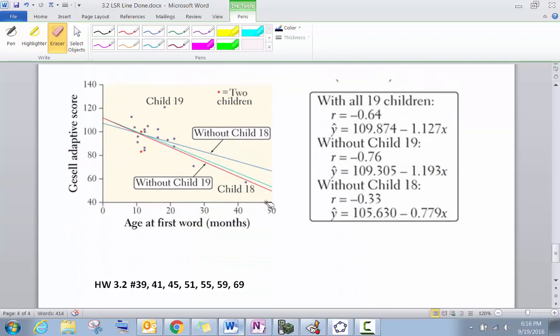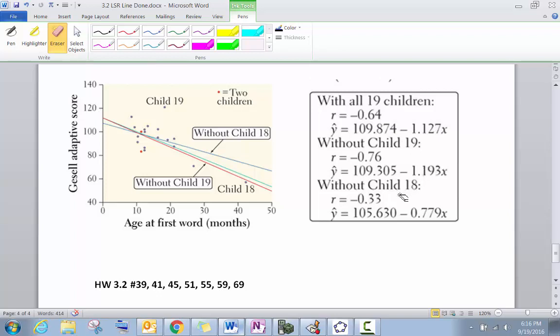So if we look at this example, we have data of 19 children, no idea what it's about, but if we take out child 18, our R goes from negative 0.64 to negative 0.33, and our line goes from this to this. So our slope changes quite a bit. If we take out child 19 compared to all of them in, our R value changes a little bit, and our least squares regression line doesn't change much at all.